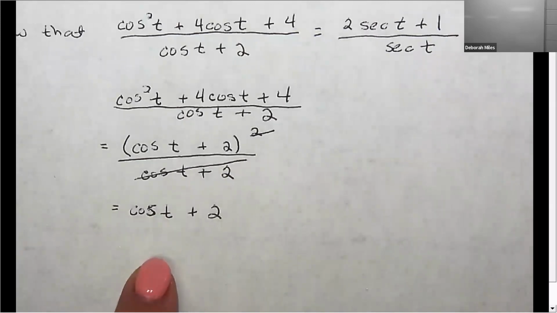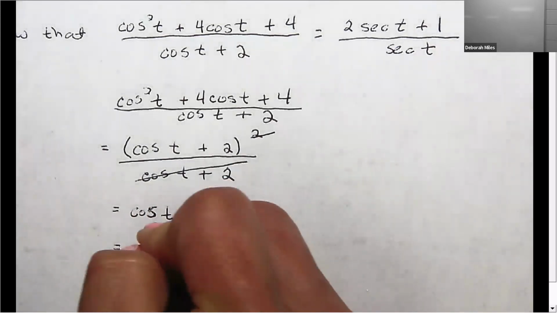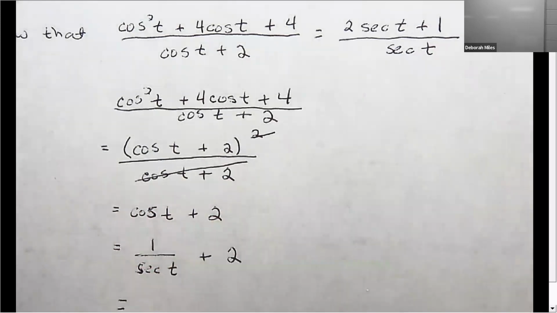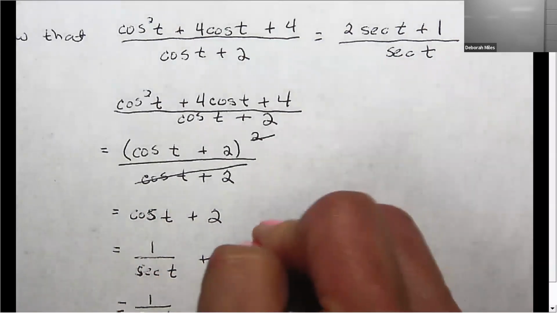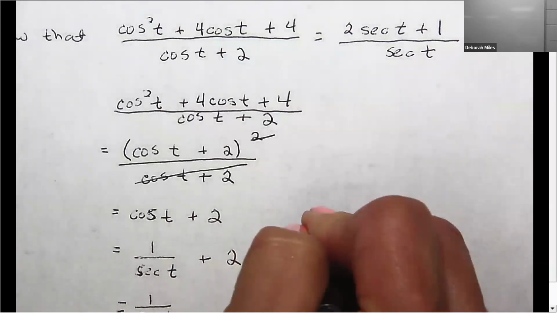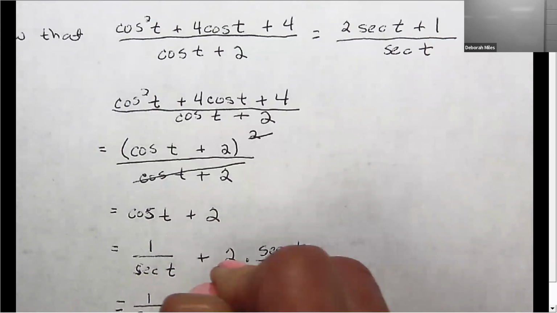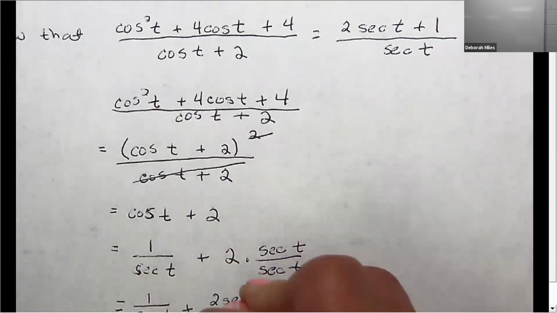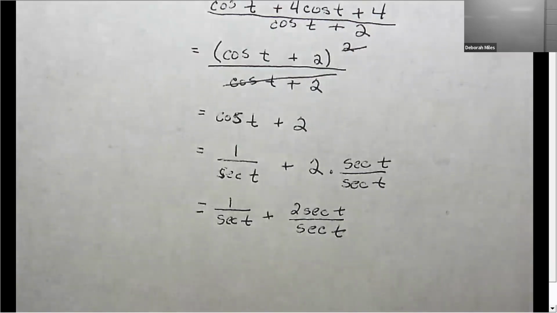I think that's actually going to work. 1 over secant t plus 2, because what could I do then? Get a common denominator? Look at that. We don't need that tool.